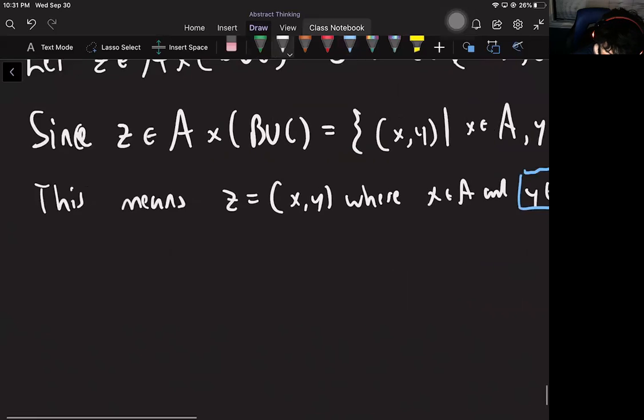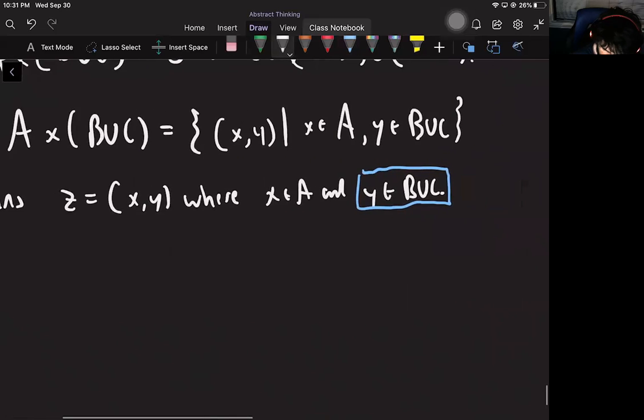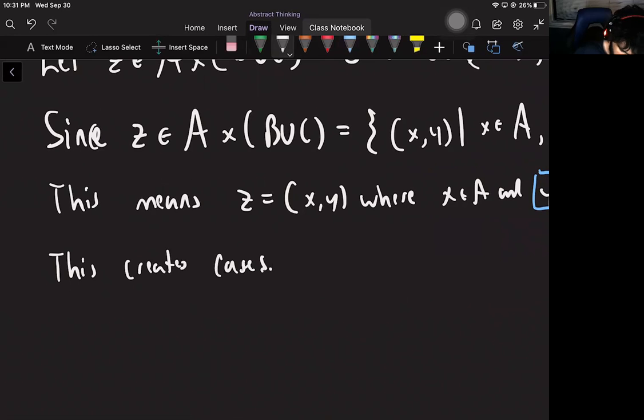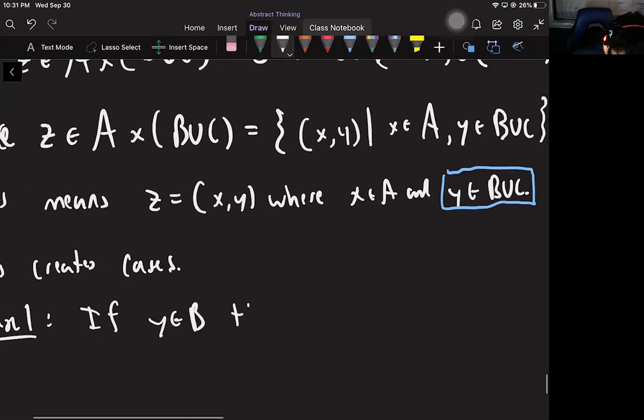What happens if Y is in C? Or sorry, what happens if Y is in B? Then what happens if Y is in C? So this creates cases. Case 1, if Y is in B, where can I go from there? Well, what do I know?